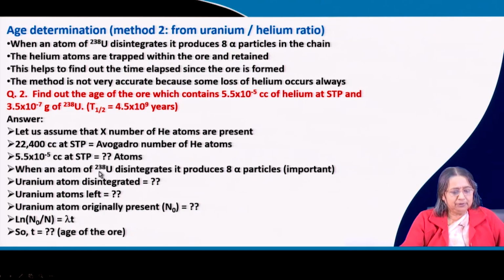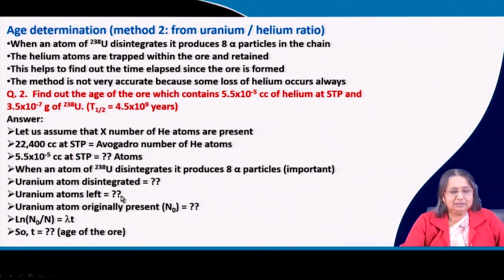When an atom of uranium-238 disintegrates, it produces 8 alpha particles. For each nuclear transformation to lead, 8 alpha particles are produced, that you have to remember and use. Uranium atoms disintegrated, how much, you have to calculate.